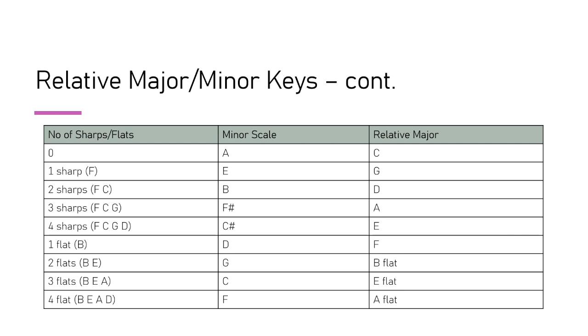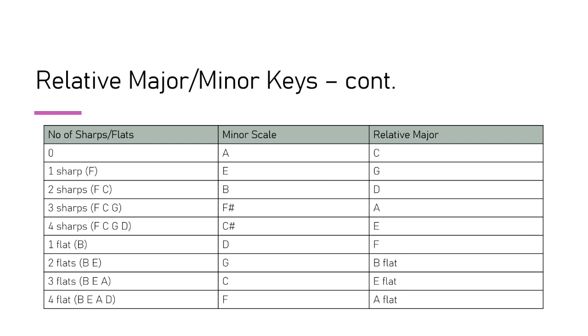The relative major is C major. Now, 1 sharp: if you remember in your major scales, what key has 1 sharp? That's G major. If you write out the scale of G major, the 6th degree is E. So E minor also has 1 sharp, and the relative major of E minor is G major.